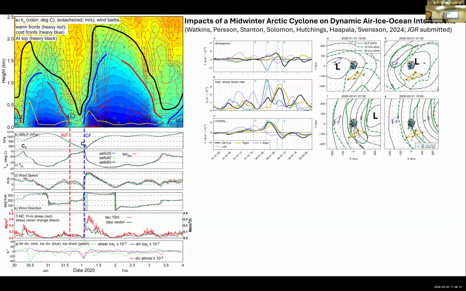Upper right here, we had over 50 of these GPS buoys scattered around the MOSAiC site. And so we can group them into subgroups and then calculate, for instance, deformation in the ice: divergence, shear, or vorticity, locally for that subgroup of buoys.